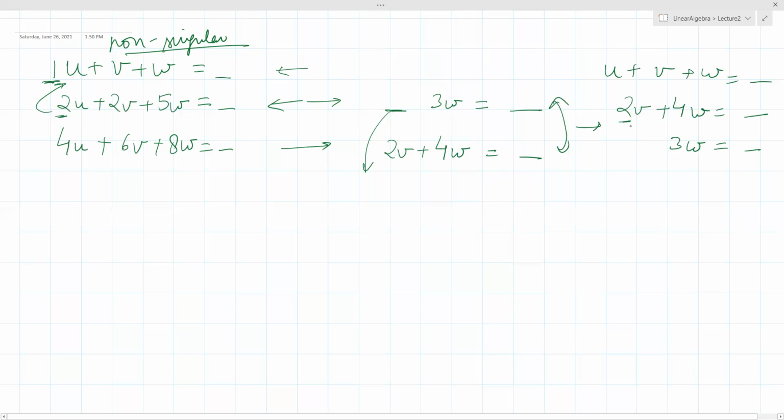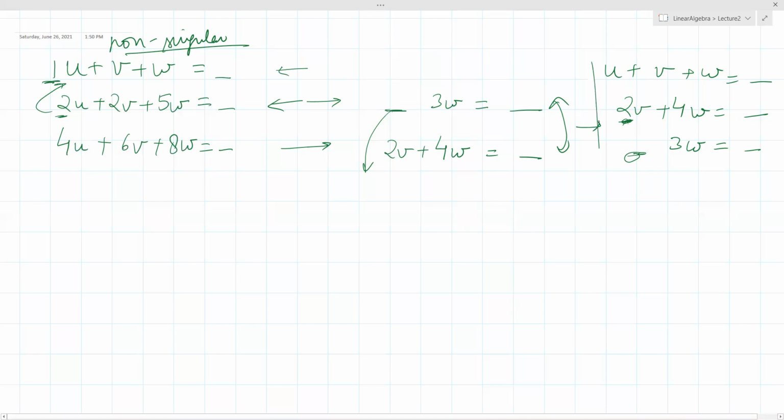You don't have to do anything here, because your multiplying factor becomes what? Pivot is 2, but the coefficient corresponding to this is 0. So your multiplying factor becomes 0, and you don't have to do anything.